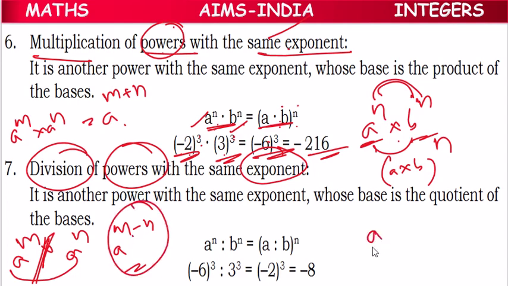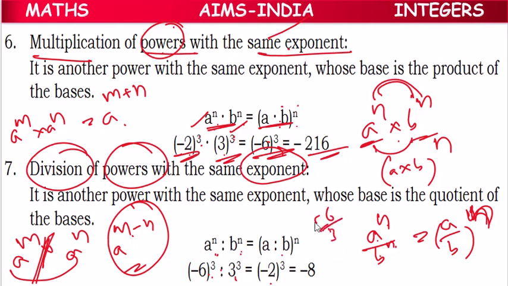But when they have the same power, a^n by b^n, we can write it as the common power, (a/b)^n. Example: (-6)^3 divided by 3^3 can be written as (-6/3)^3, which is (-2)^3, which is -8.